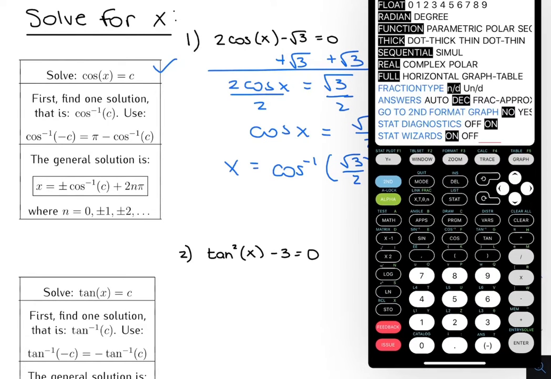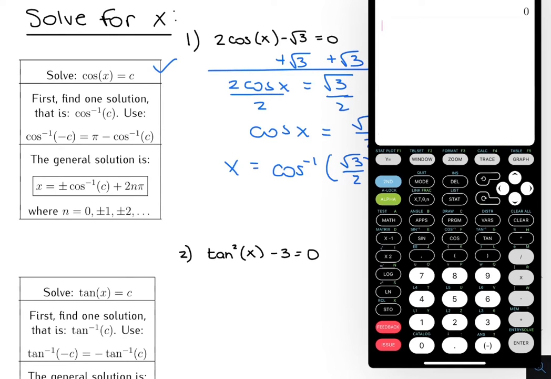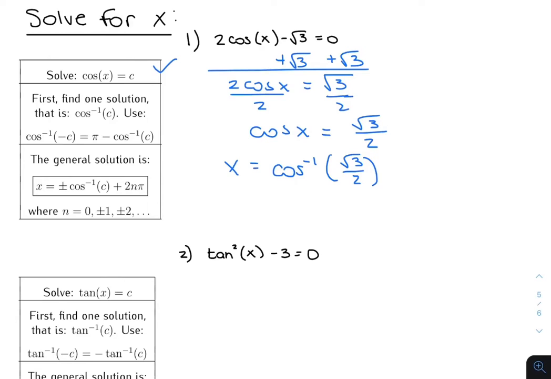Again, remember that your calculator has to be in degree mode for you to get a nice answer. So you can go to cosine, second cosine, and then click the square root of 3 over 2. So you should have gotten 30. So this is equivalent to 30 degrees, which is the same as pi over 6.